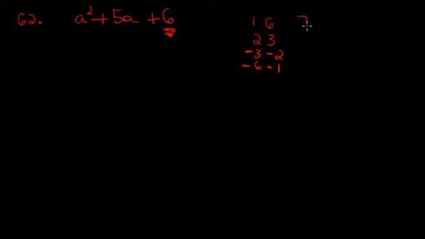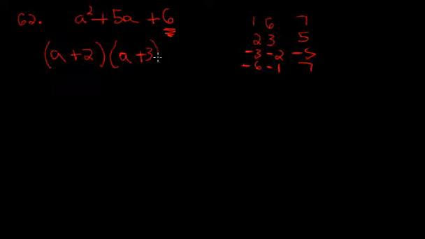We add these up, we get 7, 5, negative 5, and 7. Well, our B term is positive 5, so we want these. And so we get (a plus 2)(a plus 3). So it works out nicely, right? Use our methodology there, and we're doing pretty good.